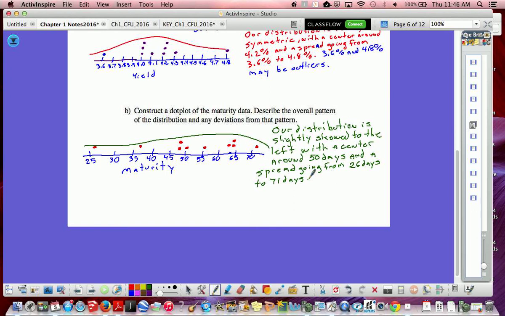Do any of these appear to be outliers? The one that's representing 26 is definitely further out than 71, so I might just stick with 26. 26 days may be an outlier.